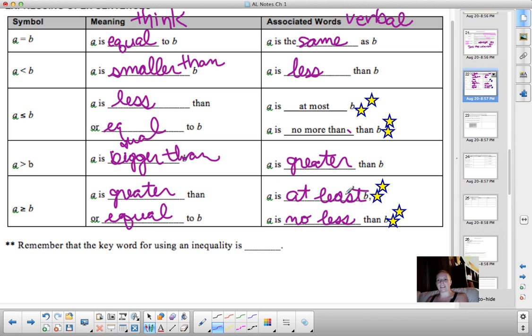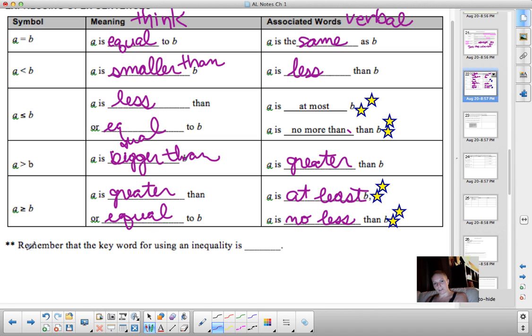I have at least $5. Got $5, but most likely I have more. A is no less than B. I have no less than $5. That one's pretty obvious. That one doesn't stump us too much.